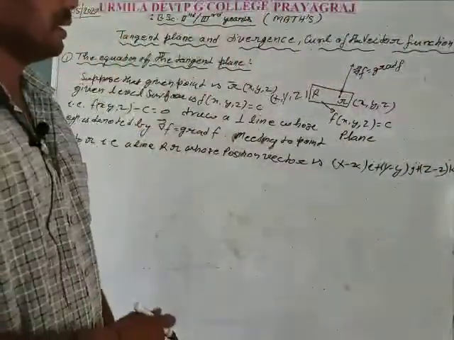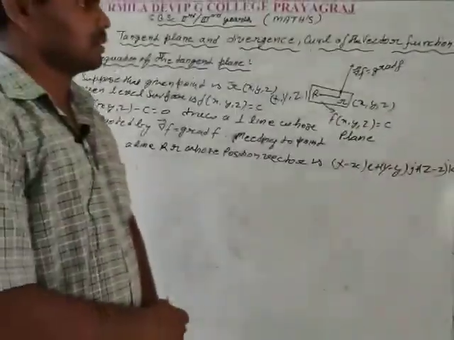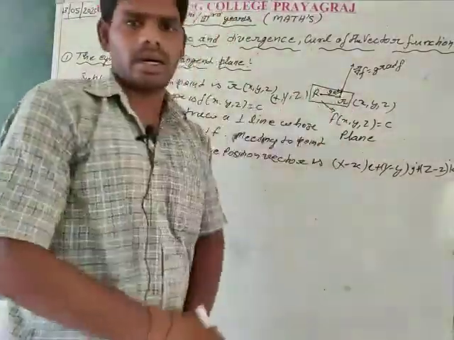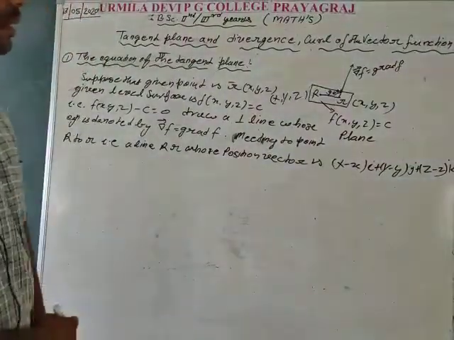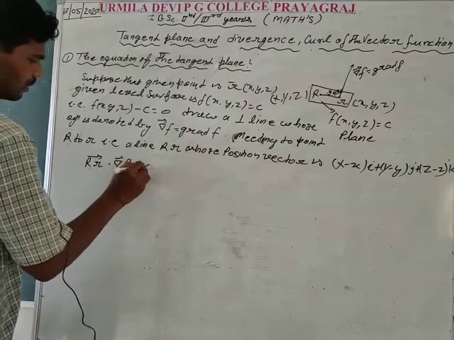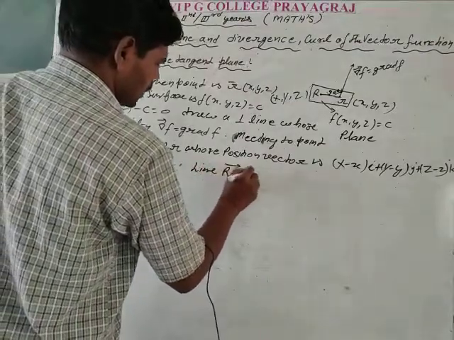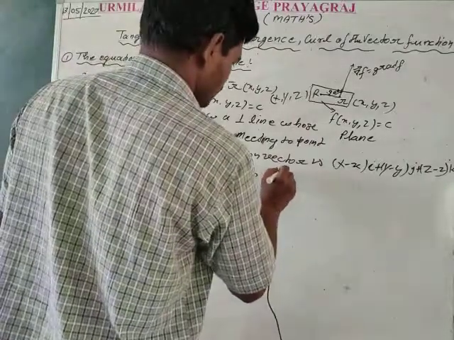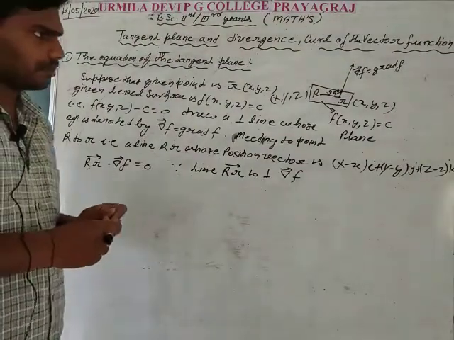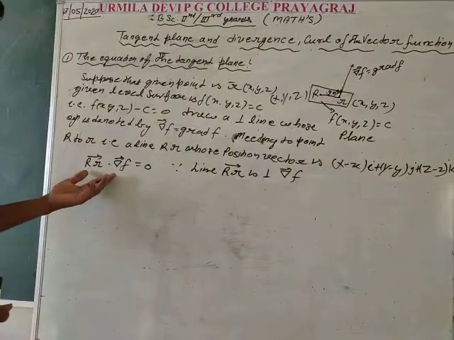So from the figure, this line is perpendicular to the line del F, making 90 degrees. With the help of vector calculus you can write the equation: vector R dot del F equals 0, because the line from capital R to small r is perpendicular to the gradient of F. So here we find the equation R dot del F equals 0.